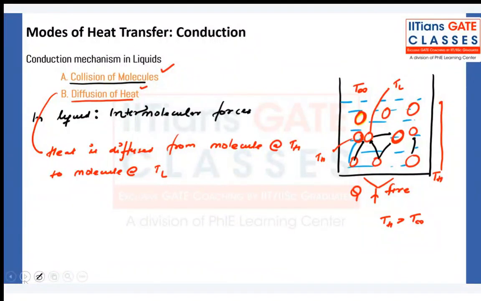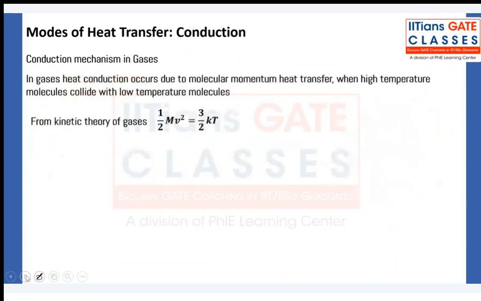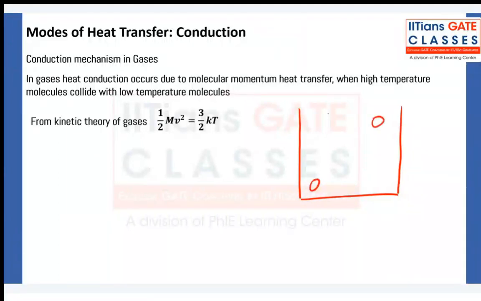Okay, let's talk about gases. Now we all know, if we have a gas here, for example, air, one molecule will be here, one here, one here, one here. No intermolecular forces. Intermolecular forces are the forces between molecules only.